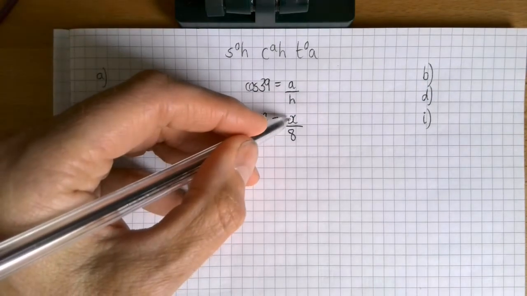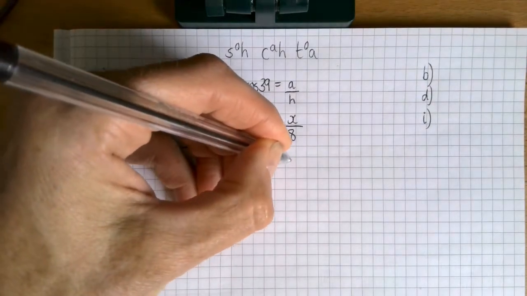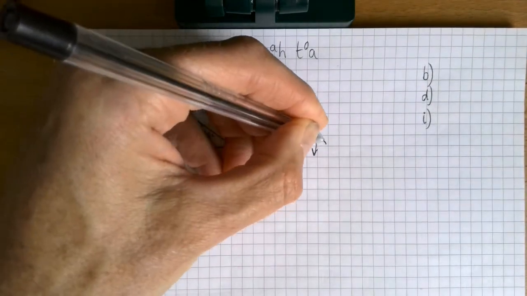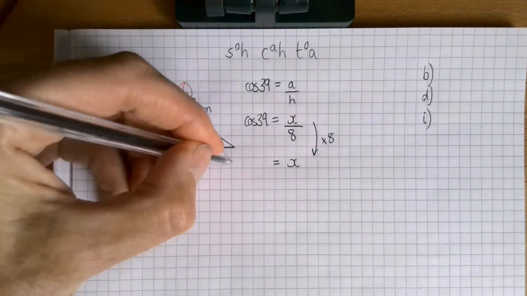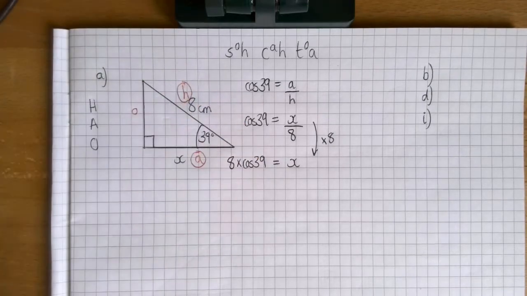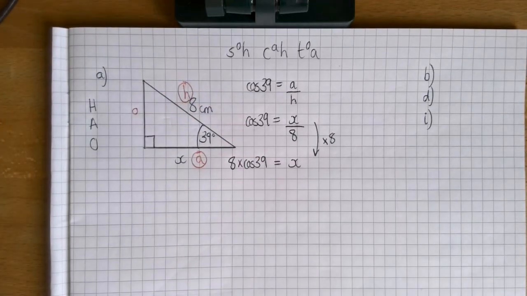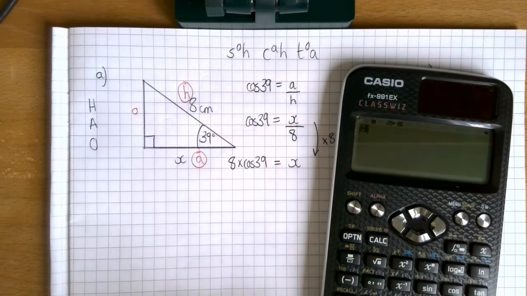At the moment, x is being divided by 8. I need to kill that fraction, so I'm going to multiply by 8 to get x on its own, and if I multiply one side by 8, I've got to multiply the other side by 8. At that point, I reach for my calculator and type in 8 times cos, not shift cos this time, we're using the normal cos function because we know the angle.